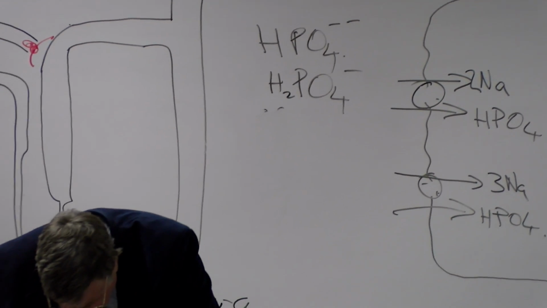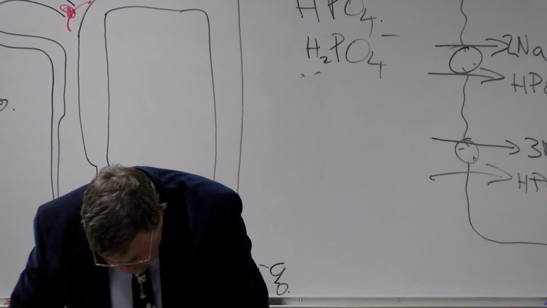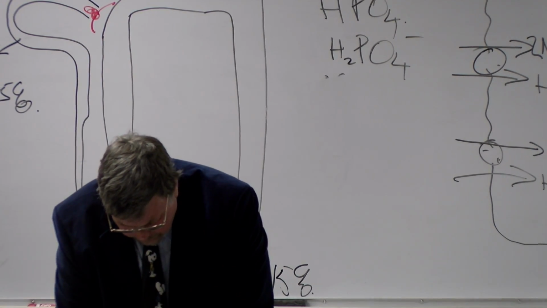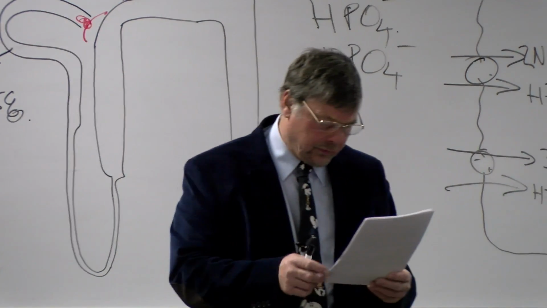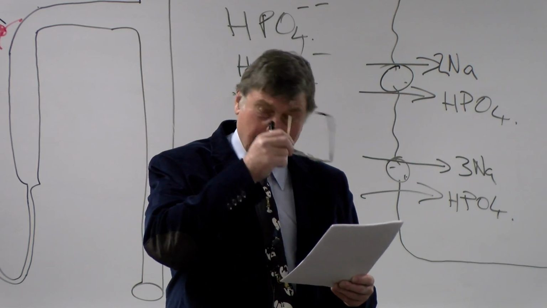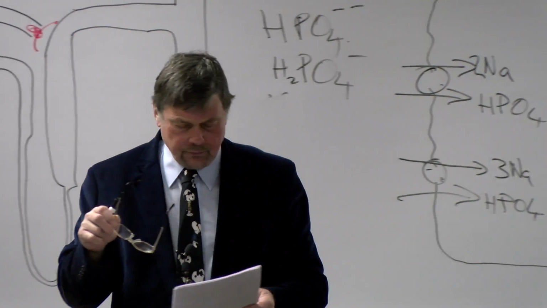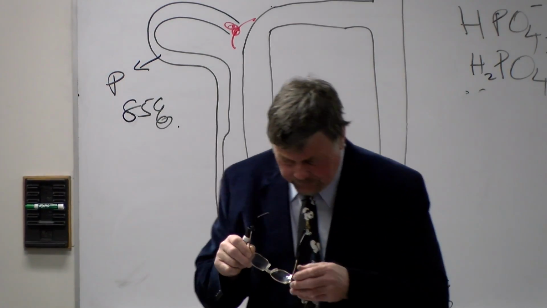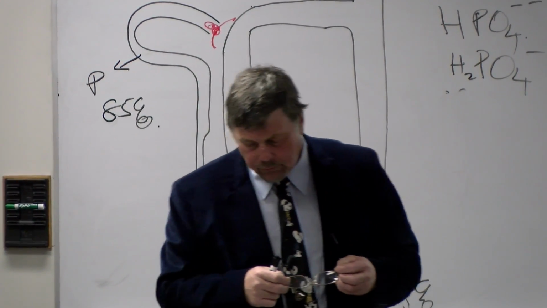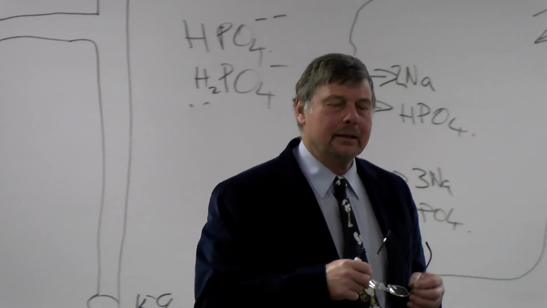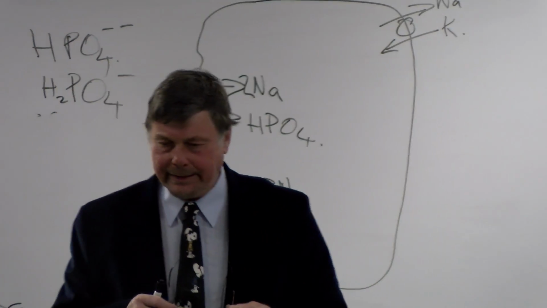Oh, and at the bottom, I've got a comment. Inorganic phosphate concentration in plasma is approximately 1 millimolar, so it's not a lot. If the GFR falls drastically, then the filtered load of phosphate is inadequate to meet excretory needs.